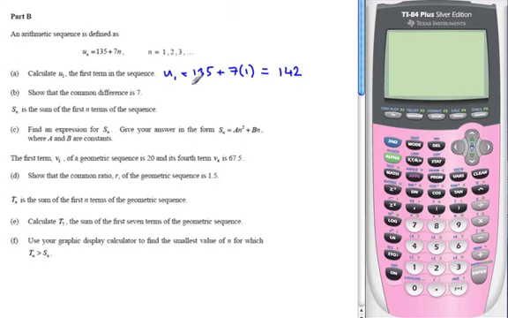Show that the common difference is 7. Now I guess we could just work out the first 3 terms.